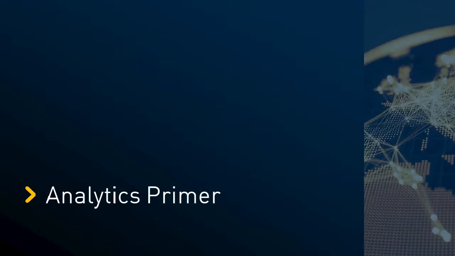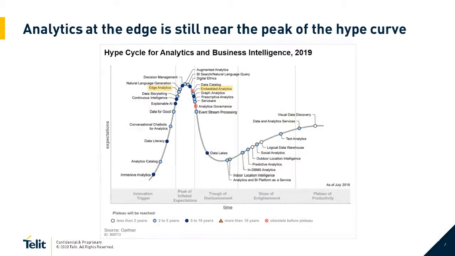Let's start by talking about analytics and where we are on the infamous hype curve. Analytics is a huge topic. It covers many different technologies, strategies and business needs. But when we look at IoT, we primarily look at edge analytics and embedded analytics and how they can be applied.